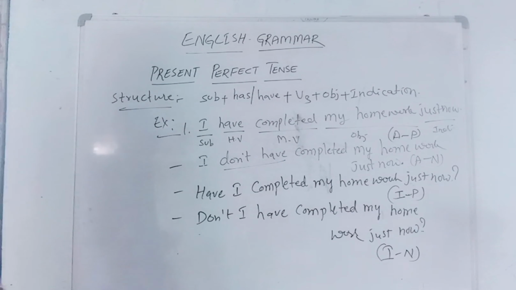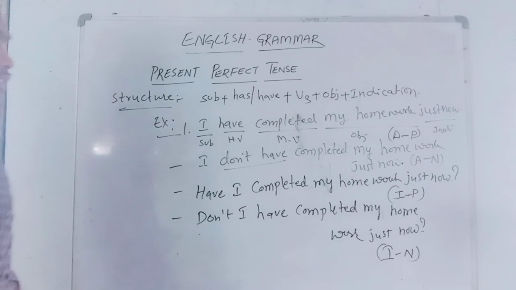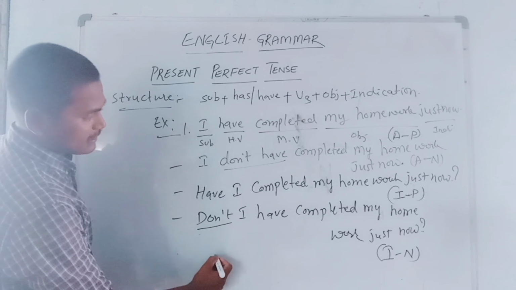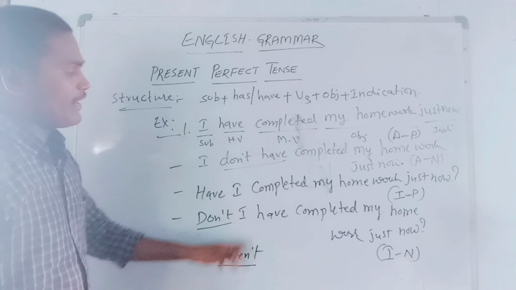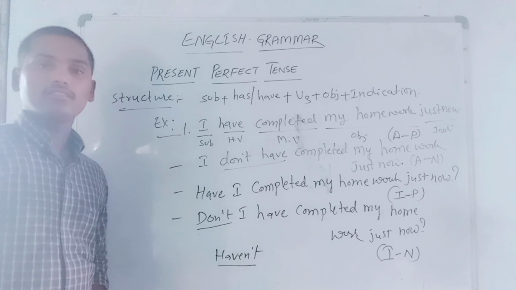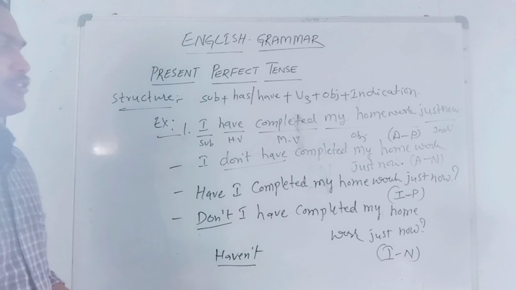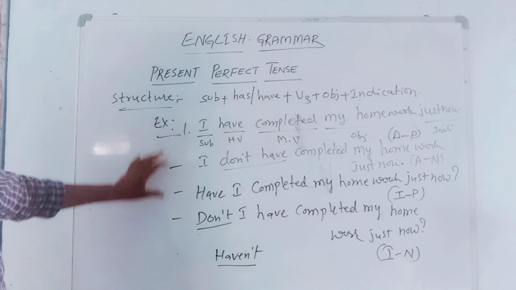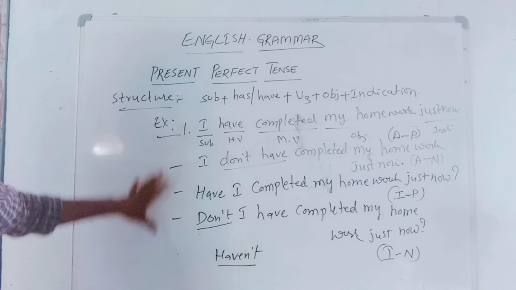Instead of don't, there is a chance to write haven't. So you can write: Haven't I completed my homework just now? That is also correct. Whichever you would like to prefer to write the interrogative negative expression, you can choose yourself. There is no mistake at all. So this is present perfect tense. I explained one example in four ways.